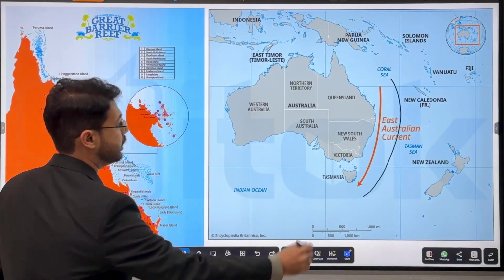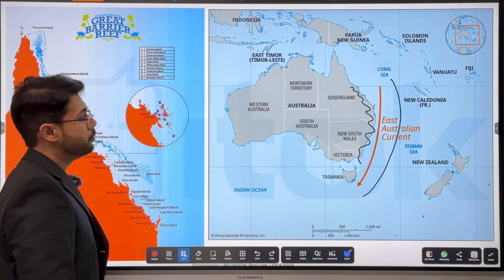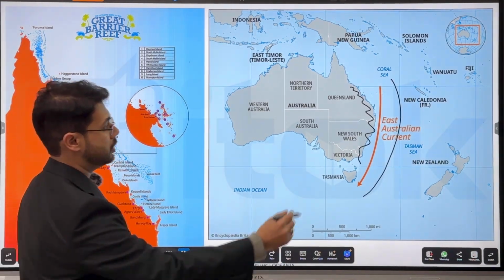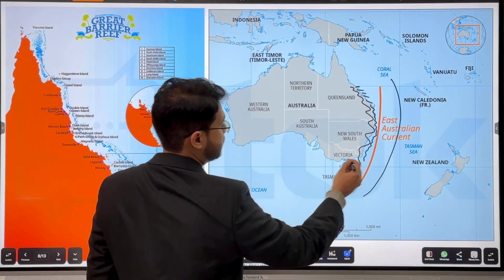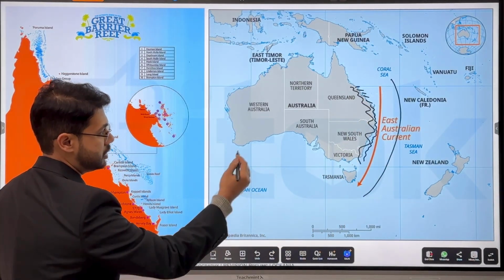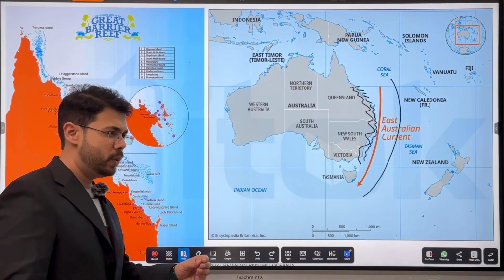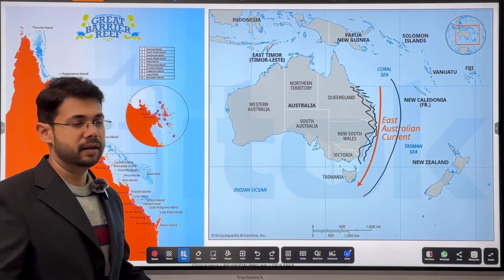Because of this, there is the Great Dividing Range here, like we had studied in the previous lecture. Now that results in somewhat a moist region over here. There is some amount of rainfall which is taking place in this region, and because of that there are very small stream-like rivers flowing carrying hardly any silt.